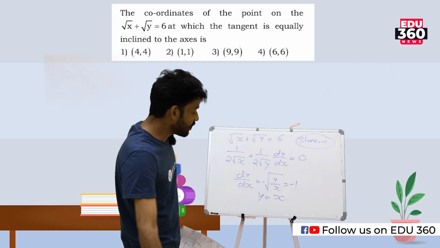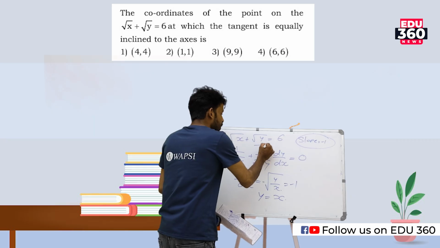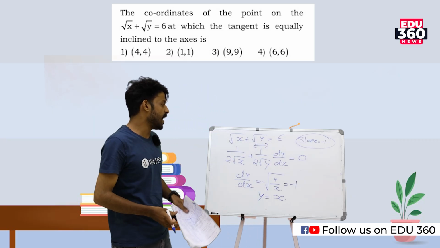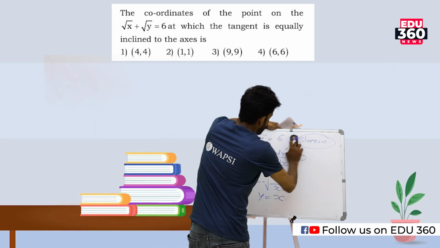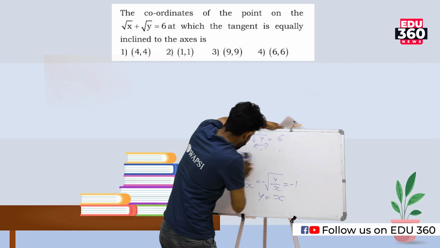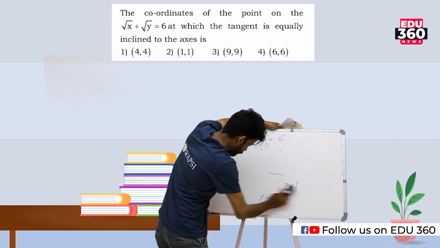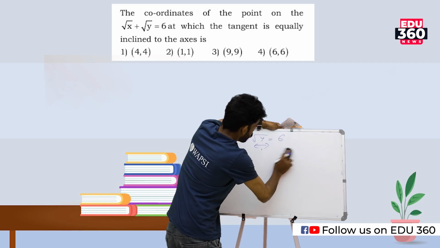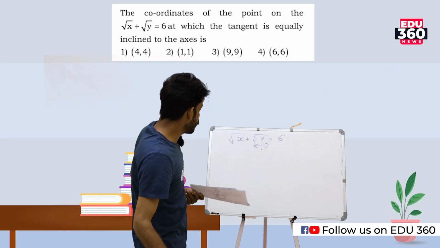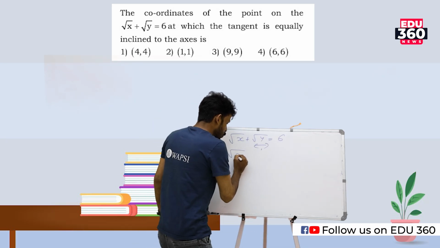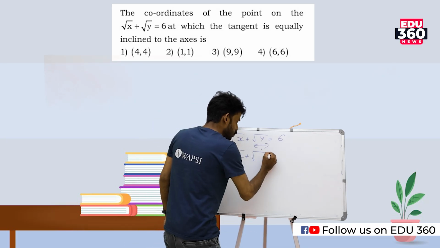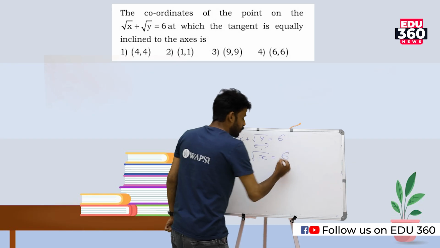Okay, so in the next step, instead of y here, just substitute x. So root x plus root x is equal to 6.